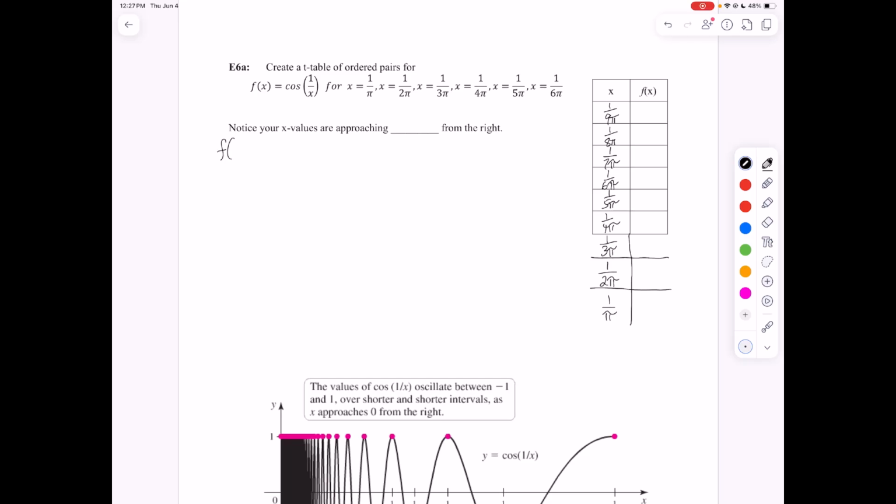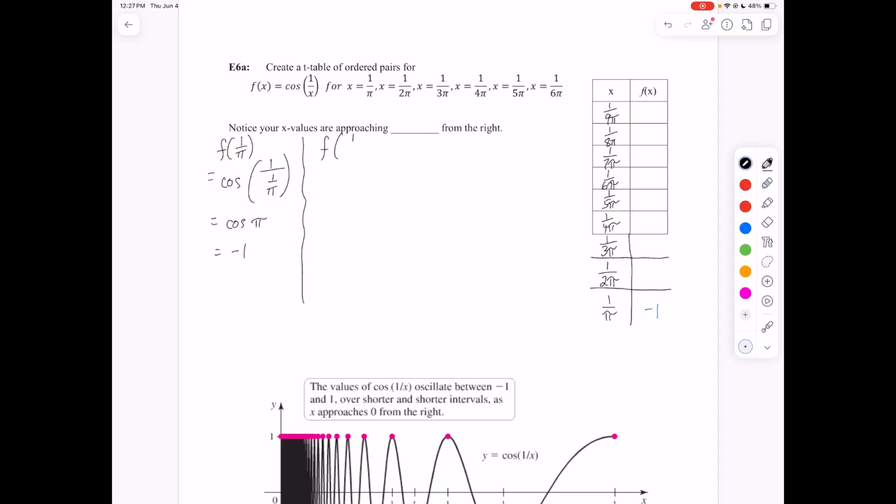F of 1 over pi is going to be the cosine of 1 over 1 over pi, which is simply the cosine of pi, which is equal to -1. Now let's look at another expression.